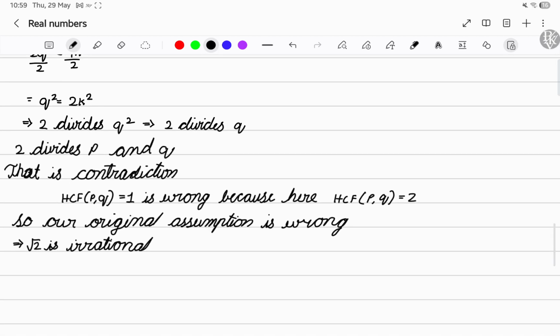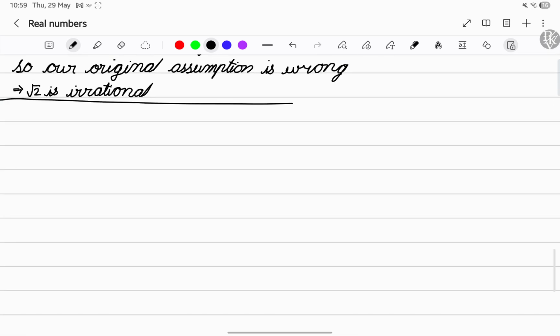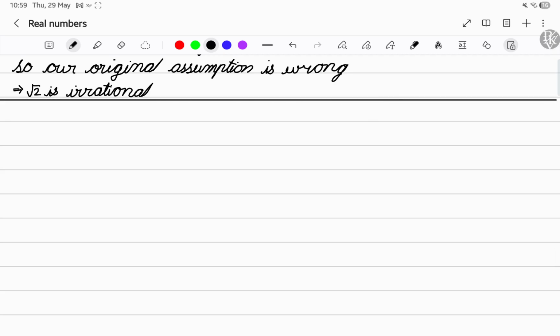Actually, we should do a few more variants because there are a few types of such questions. Now we are asked to prove that 1 by root 2 is irrational.